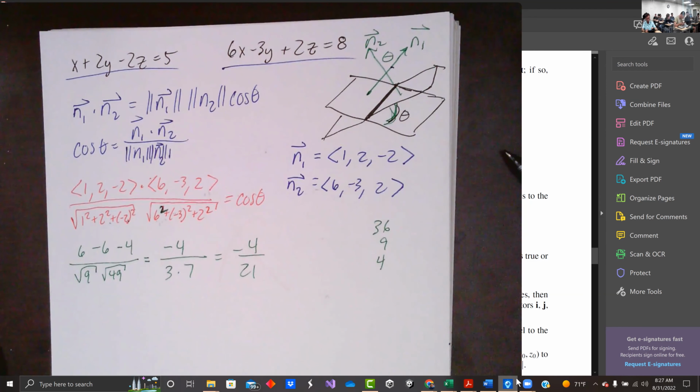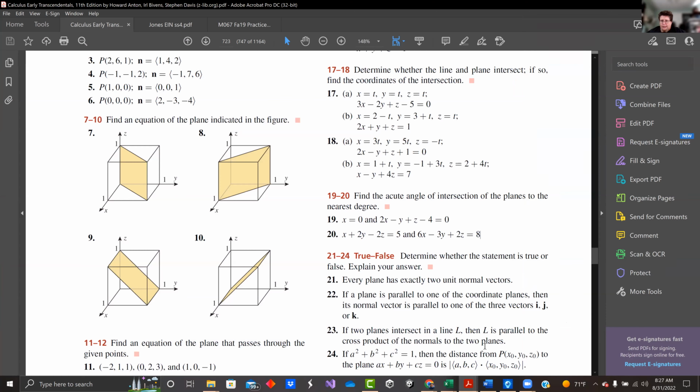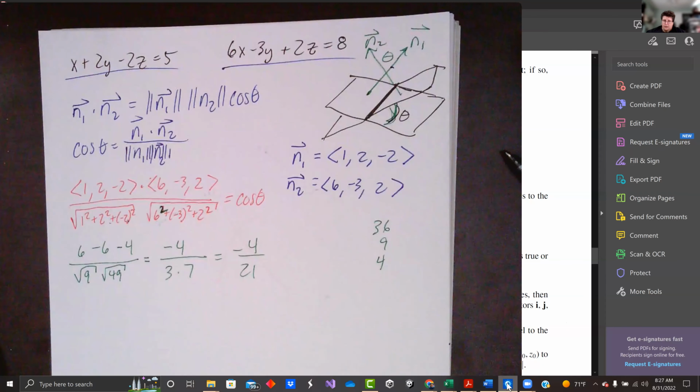And it wants it in degrees. The question said the acute angle. So I know cosine negative is in the second quadrant, so I got an angle that's bigger than the acute. But we can find it real quick. Let me shift modes here.